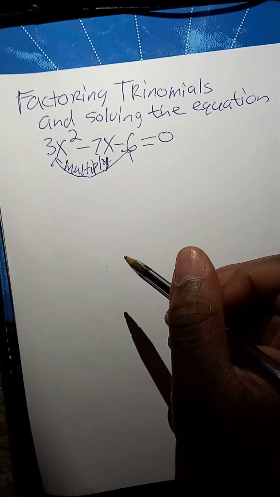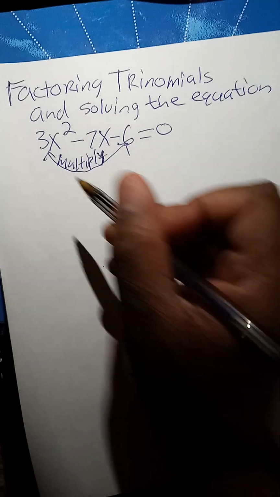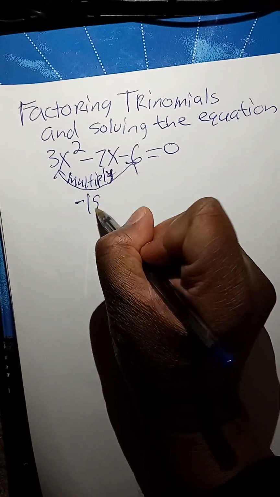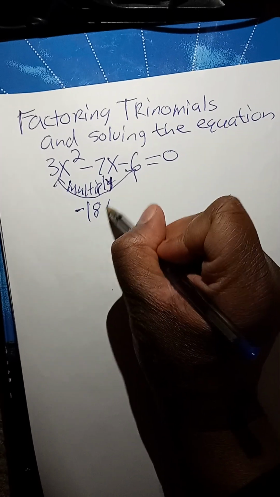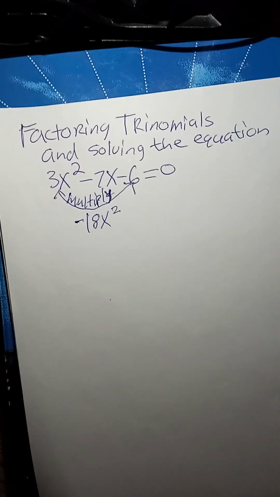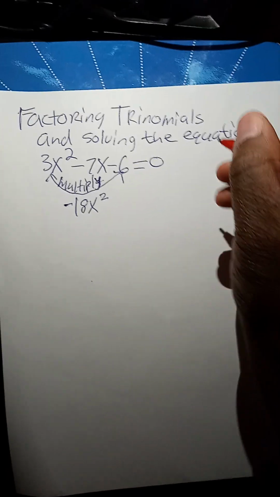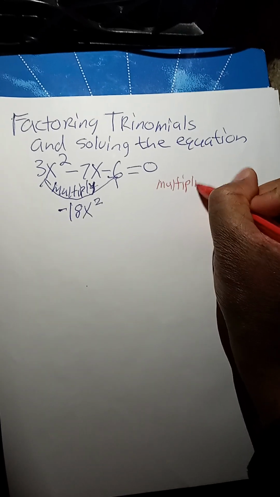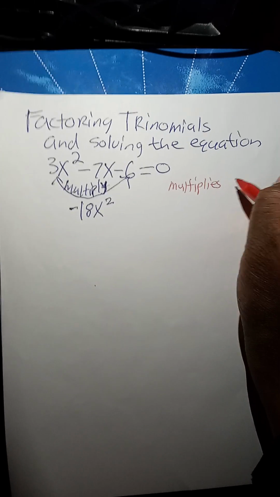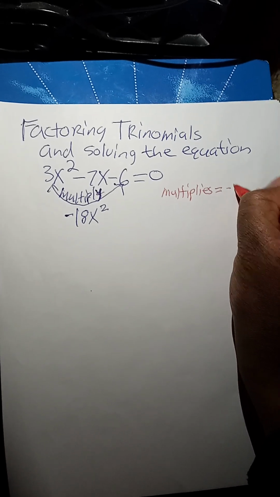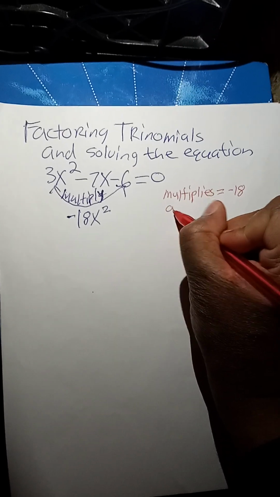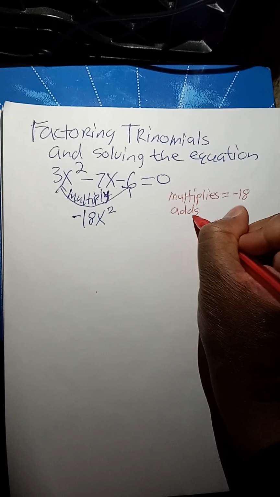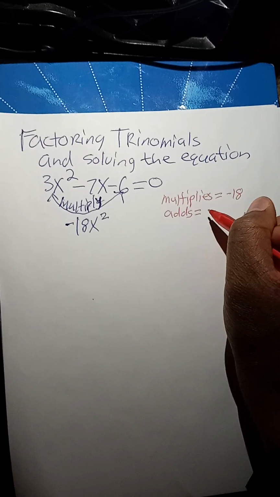So we want to multiply, and we will obtain negative 18x squared. So we need something that multiplies to equal negative 18 and adds to equal negative 7.